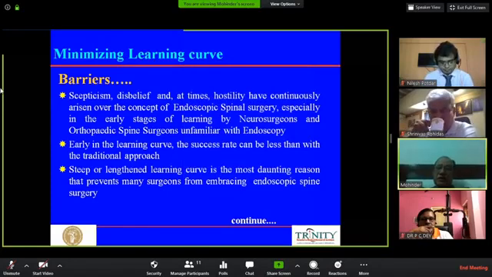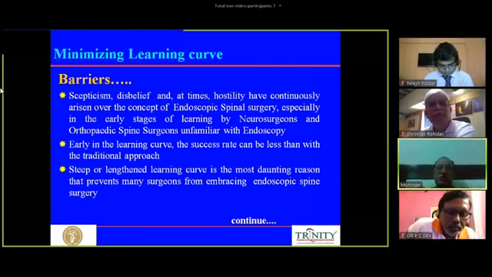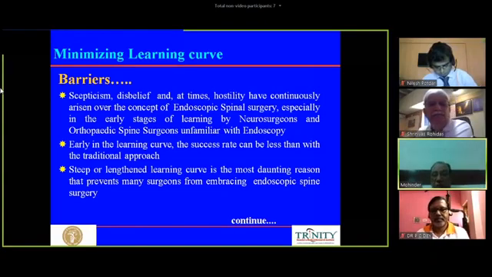Early in the learning curve, the success rate can be less than with a traditional approach. So these are the points which a young surgeon has to keep in mind before he embarks on the journey of endoscopic spine surgery. And of course, these techniques are more difficult to learn than microscopic techniques. A steep or lengthened learning curve is the most daunting reason that prevents many surgeons from embracing endoscopic spine surgery.